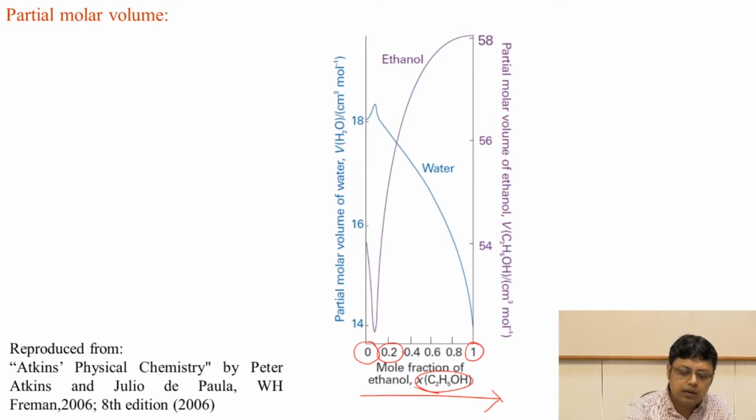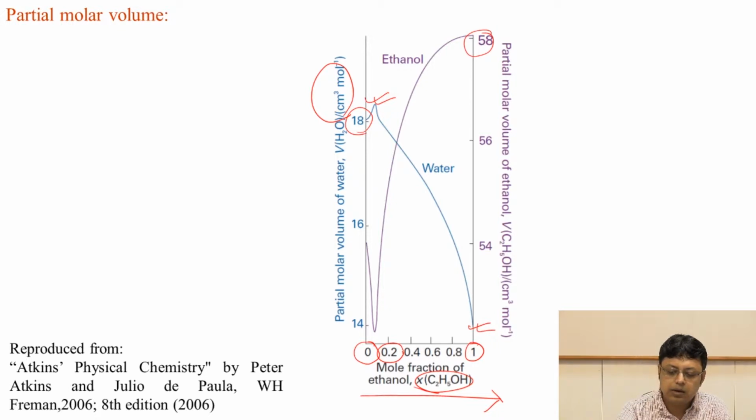You see here that the molar volume, in units of cubic centimeters per mole, is 18 for water, because the molar mass of water is 18, and for ethanol it is 58. So you start from 18 when it is pure water, and it drops to 0 when it is pure ethanol.